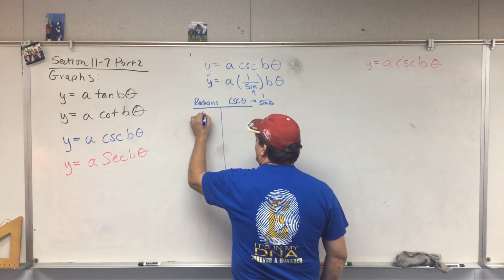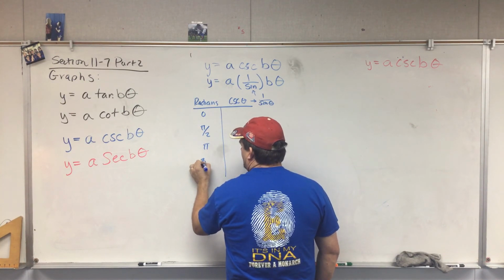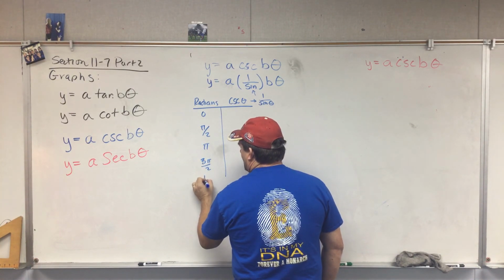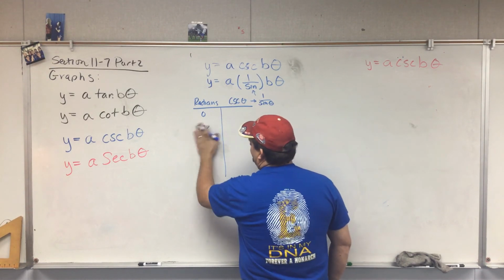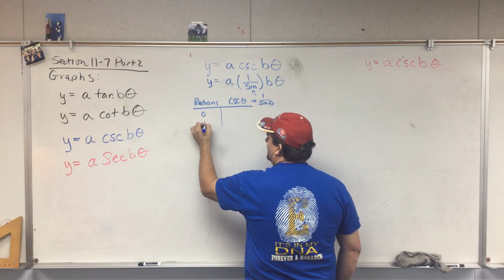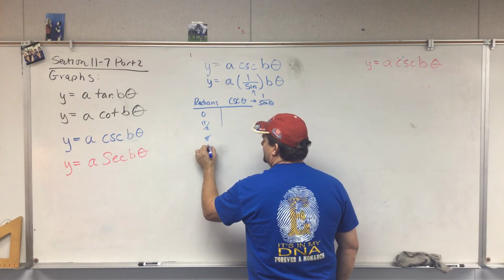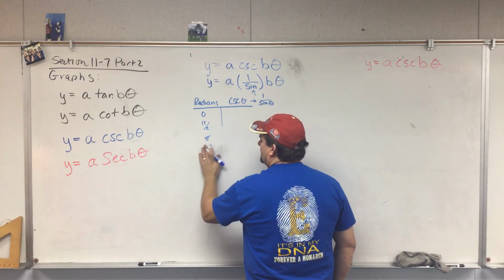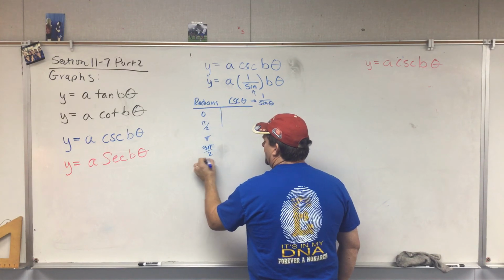So if you go back and look at your sine graph, and we write this out here, that's going to be too much. I'm not going to have room for my graph. Here we go, guys. Pi, 3 pi over 2, and we have our 2 pi.